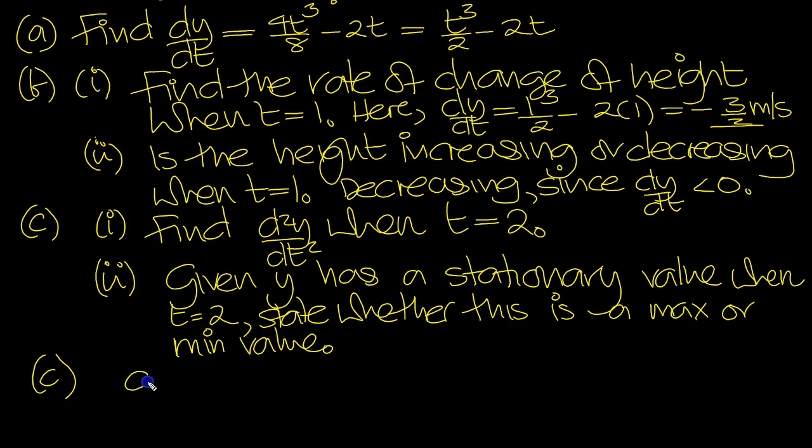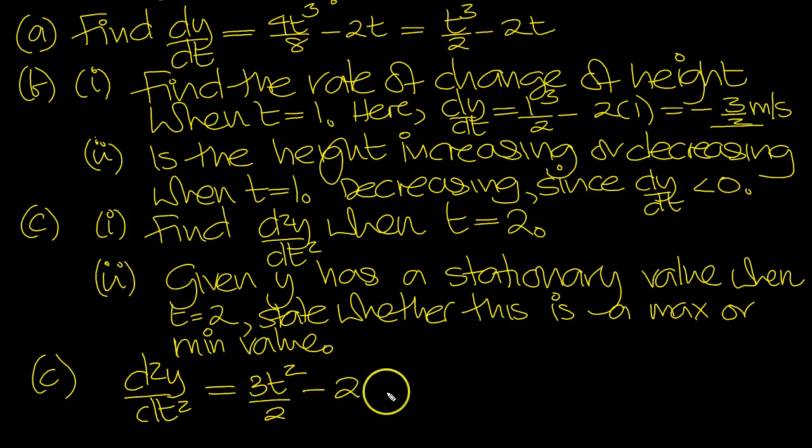So d2y by dt squared is equal to, differentiate this, the 3 comes down, t to the 1 less, which is t squared, over the 2, minus, and the t differentiates to 1, so there's minus 2 lots of 1, which is minus 2.